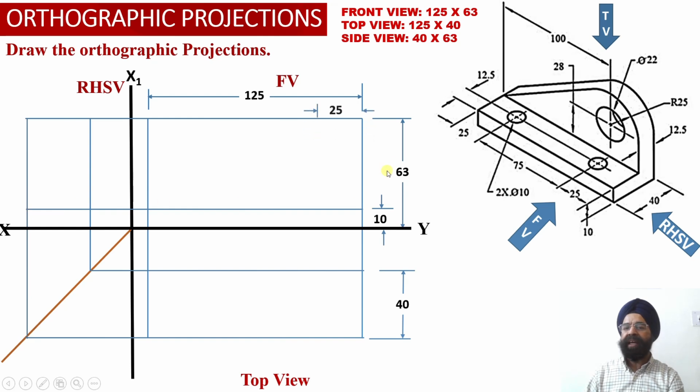And another thing, we know that these two holes, there is one hole available into the horizontal web and there is another hole which is available into the vertical web over here. So both of these holes are available at a distance of 25 millimeter from the right hand side face of the solid.